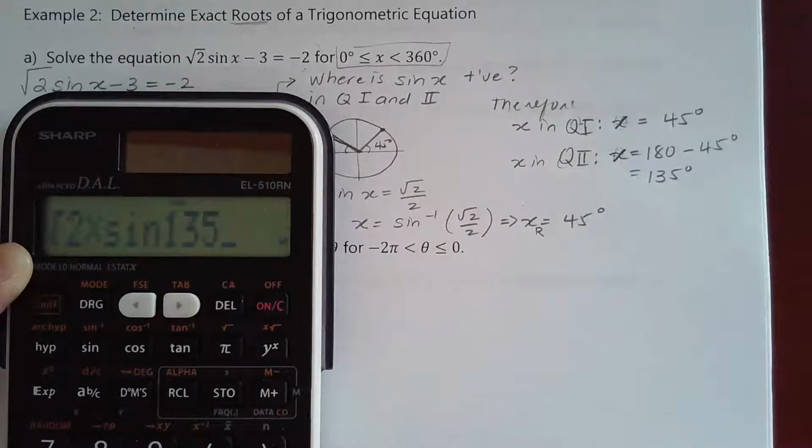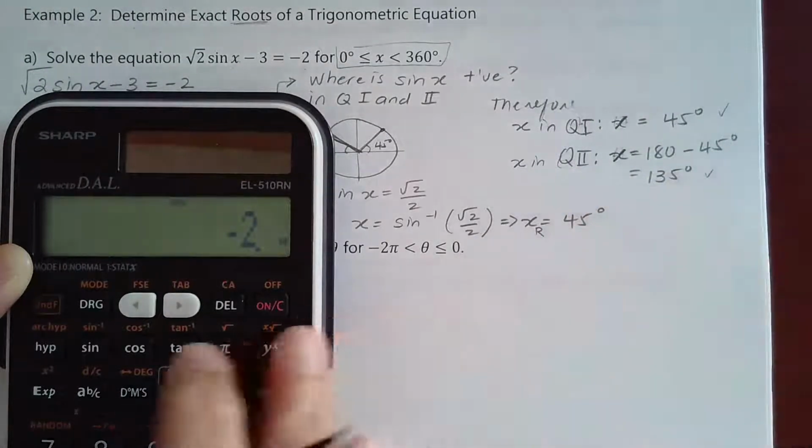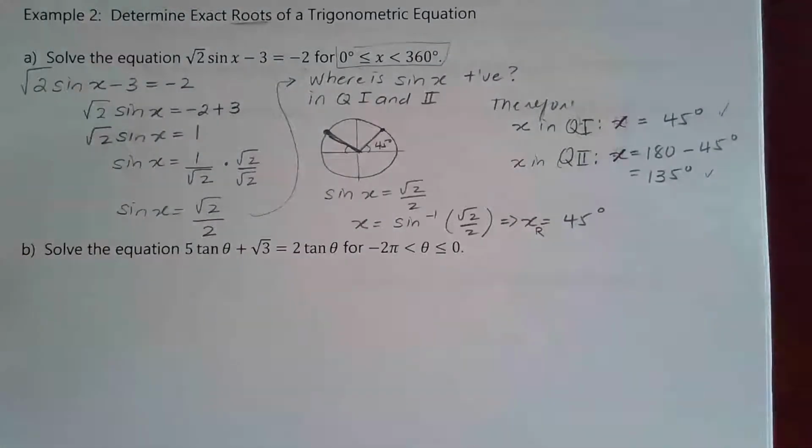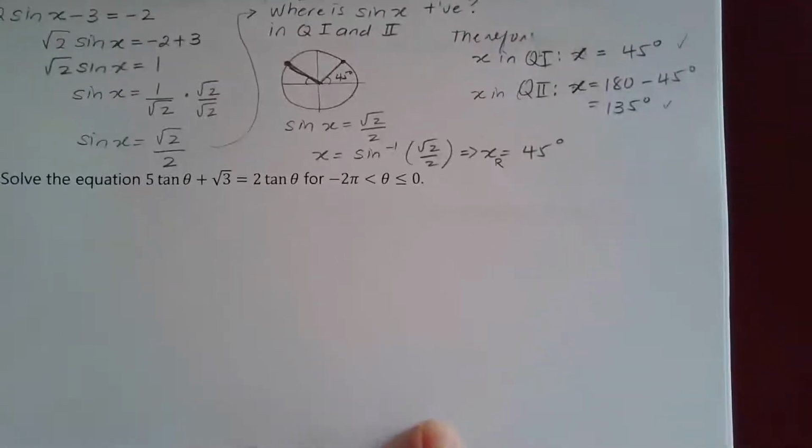So sine 135 and then -3, and that gives me -2. That means these two solutions that I got are correct, and I checked it. So we're done with Example 1 and halfway through Example 2. I'm not celebrating it.